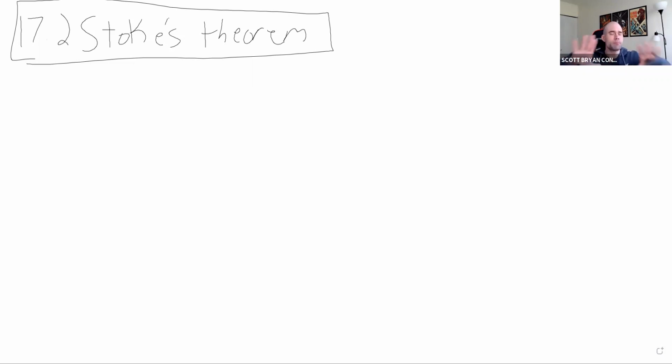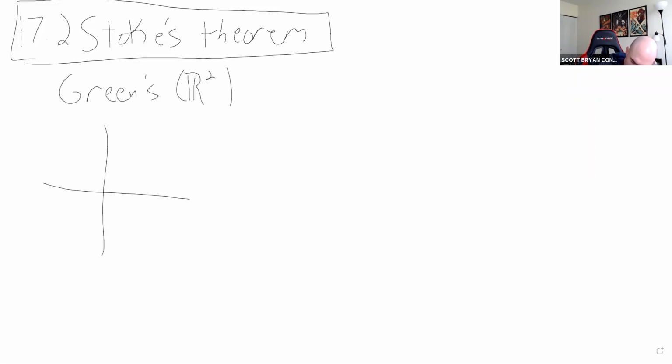So remember Green's theorem, we're in R2. In R2, we had a region D, and we looked at the positively oriented boundary curve, or it could be multiple curves as we saw at the end.